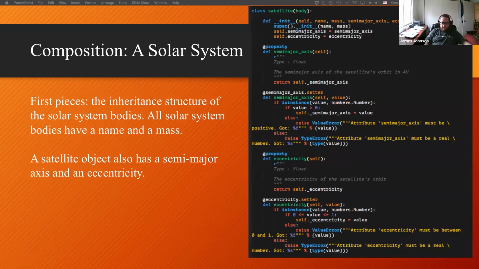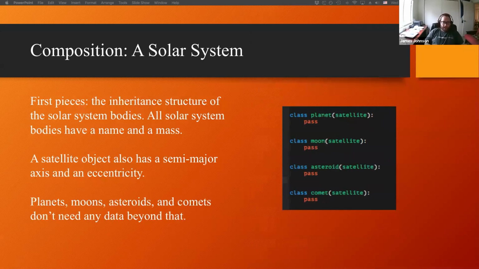The satellite subclasses then, if we're not going to give them any extra data, we don't need to write anything within the body of those classes. So a planet can inherit everything from the satellite, and so can the moon, the asteroid, and the comet. If you're using some construction like this for research, you may find that you do need to give the planet object more data, in which case you can give it its own init function or its own new properties and setter functions.